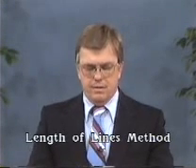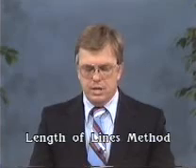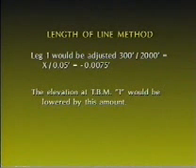In the length of line method, each leg would be adjusted based on the ratio of each leg to the total length of the run. For leg 1 of the run, the adjustment would be 300 feet is to 2,000 feet, as the adjustment is to 0.05 feet, or the error of the total run. In this case, that correction is minus 0.0075 feet, or about 1/100th of a foot.